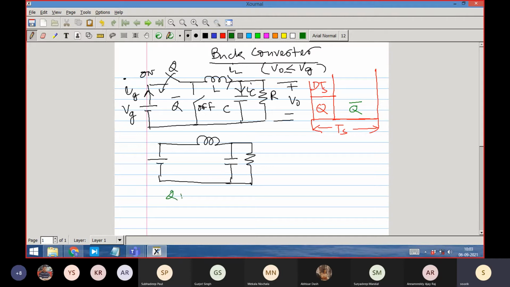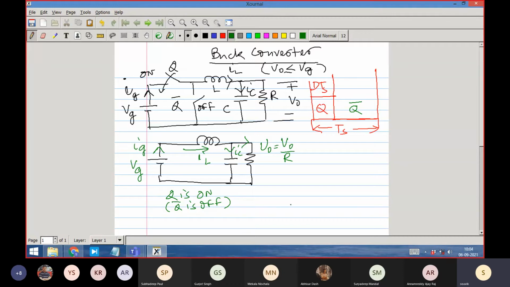So this is the equivalent circuit when Q is on, which essentially also means Q bar is off. In this situation, the inductor current is IL and the capacitor current is IC. The load current, I may call I naught, is nothing but V naught by R. This is Vg, and Ig is the input current.